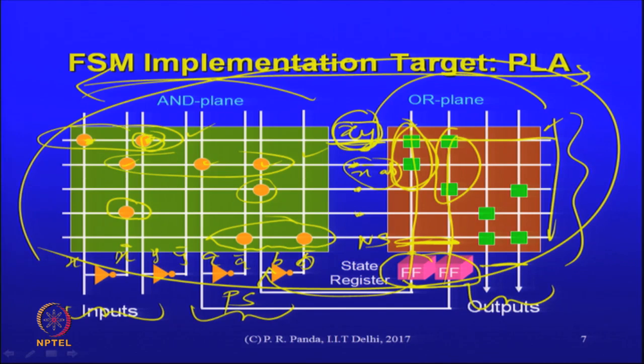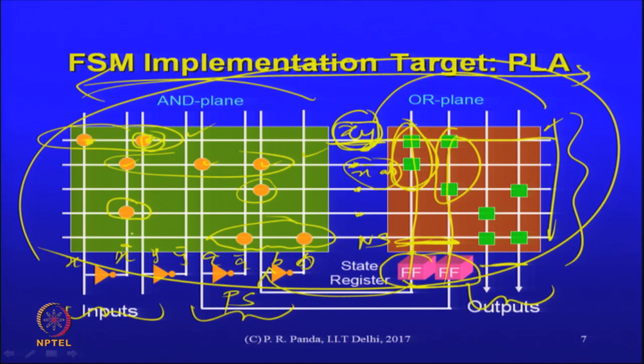But other than that, what are the column choices that we have? These output columns, I do not really have a choice, because they are going outside, those need to be there. What about the inputs? Inputs are fixed. Now, there is this question of whether the inverted input also needs to be there or not. That depends on the methodology a little bit. You could optimize so that you give preference to those expressions where either the variable or its complement is there, but both are not there.